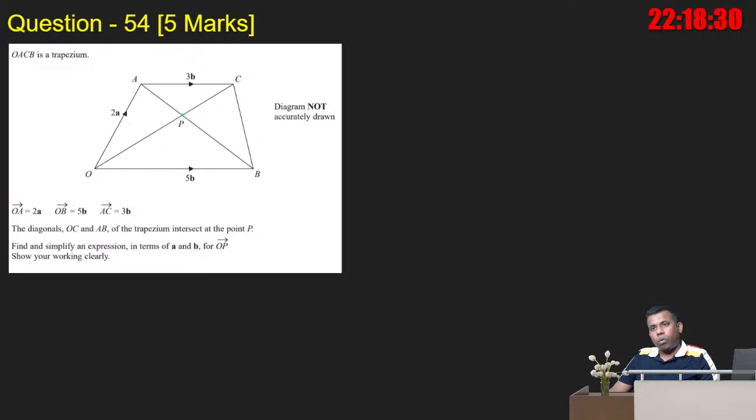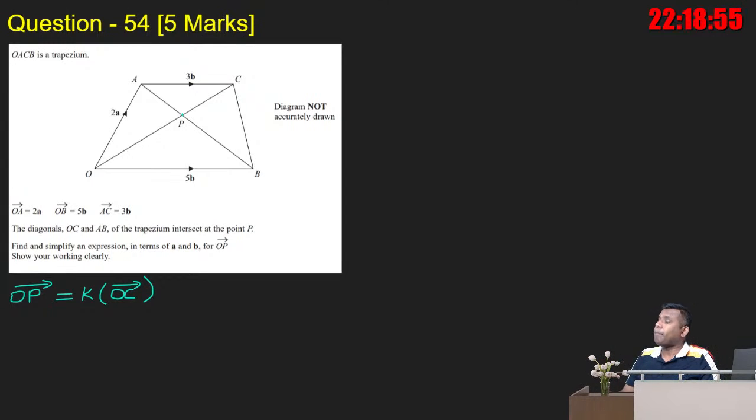So what can we do? We don't know the ratio. Let's say OP is k times OC vector. K is a scalar multiple. K can be 1/3, half, 2/3, anything.